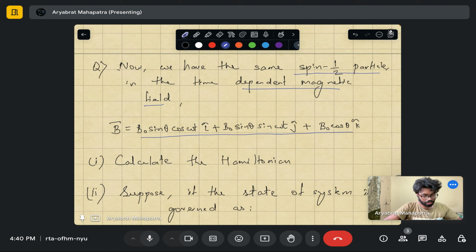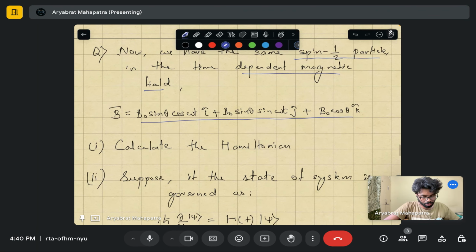In this magnetic field, which is a more general, time-dependent magnetic field, the direction could be arbitrary, so you have all the x, y, z components. Now we will be doing a similar exercise here as well.